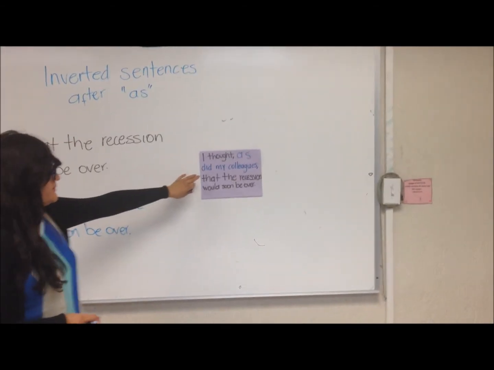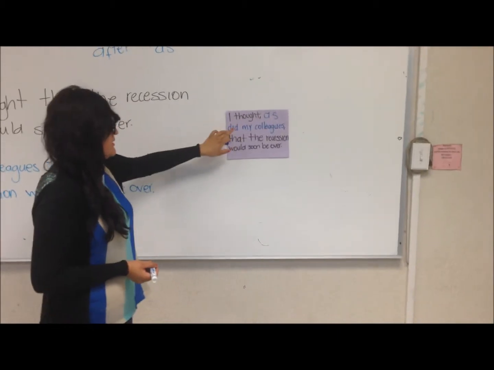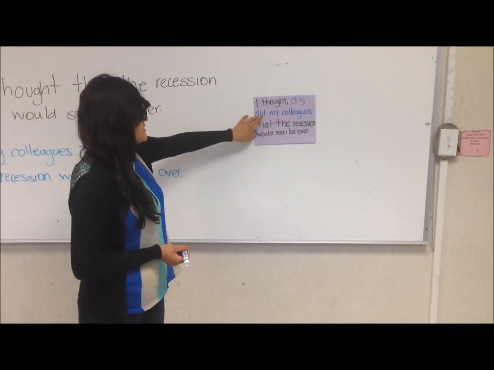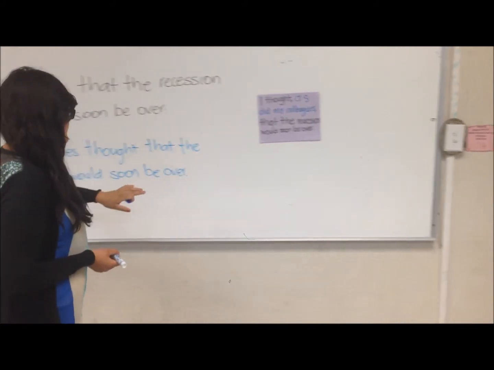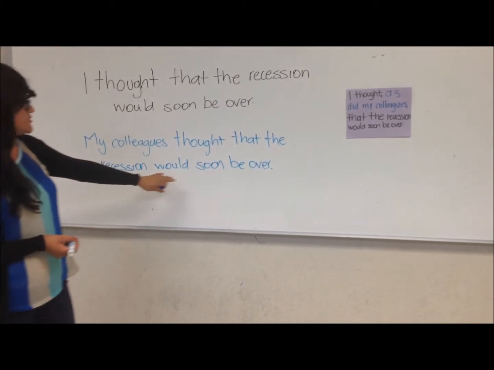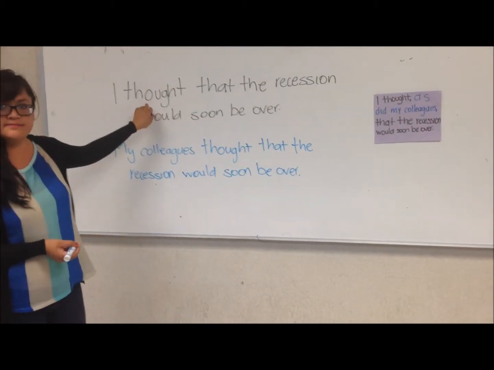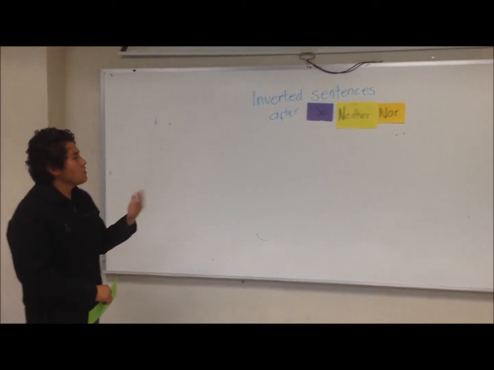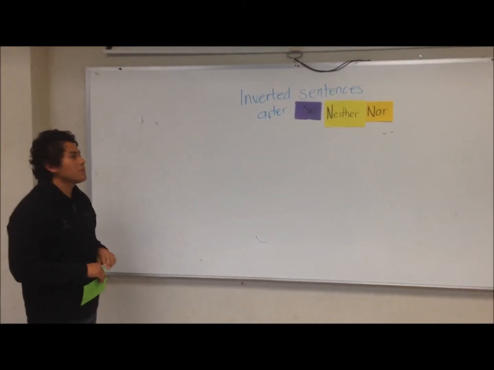Okay? Here we have the as, the auxiliary verb, and the subject. Did works as auxiliary verb because it mentions that the colleagues thought that the recession would soon be over, as I did.